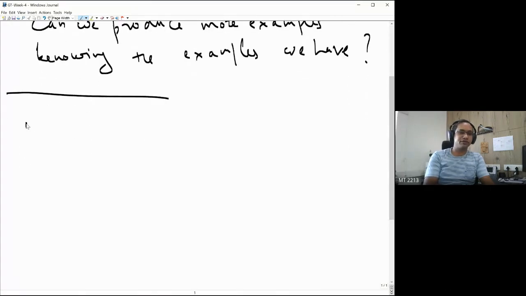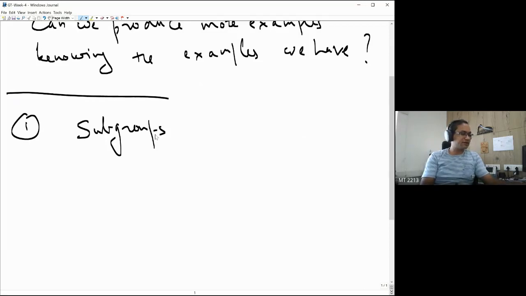So for example, one of the ways is that you can try to find various subgroups. If you can find in some way a subgroup of the groups you know, that will also give you examples of groups.